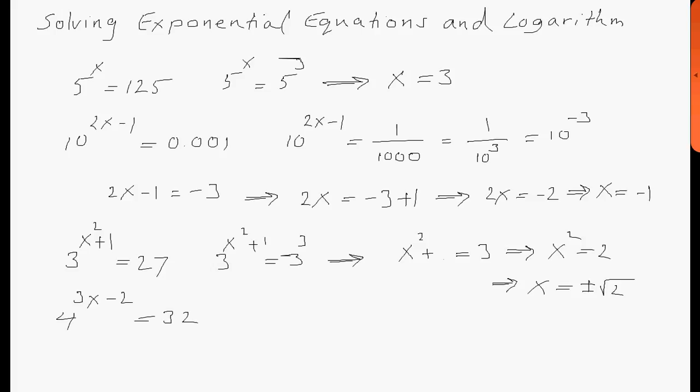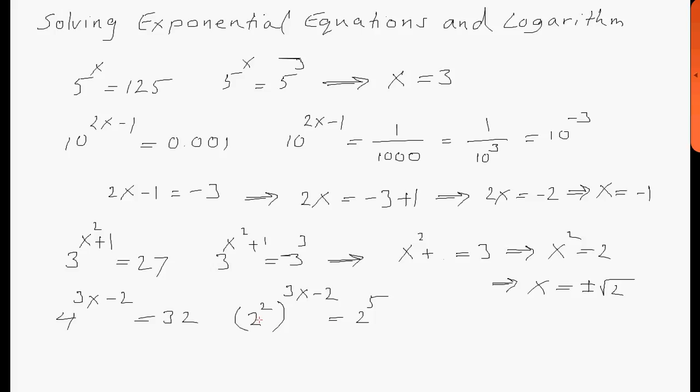You should actually notice that 4 is 2 to the power of 2 and 32 is 2 to the power of 5, and use this fact. So I'm going to write 2 to the power of 2 instead of 4, that raised to the power of 3x minus 2 equals 2 to the power of 5, that is 32.